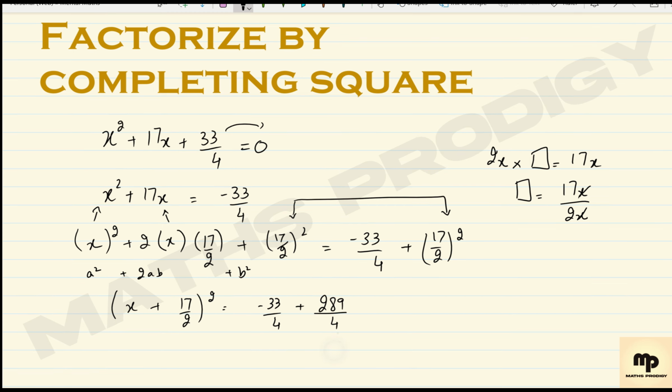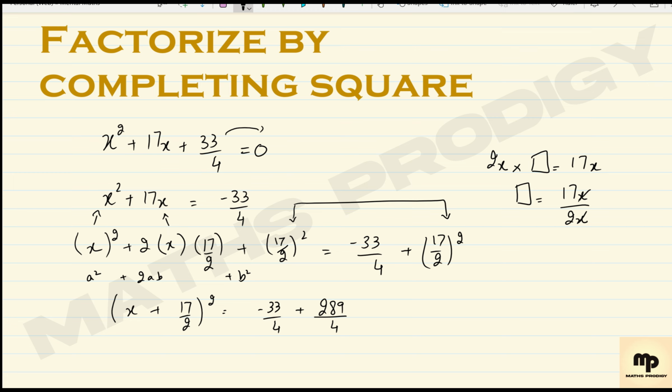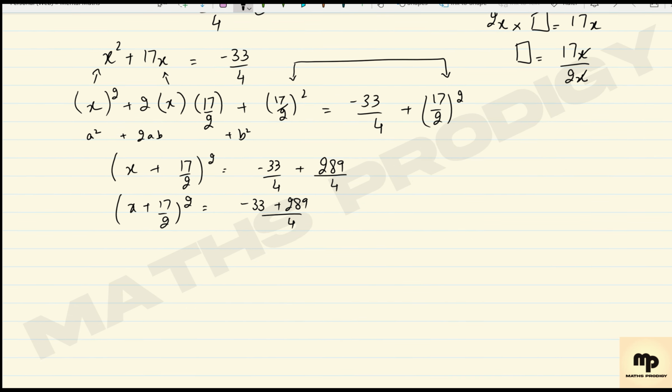If I keep on solving this question, it will become x plus 17 over 2 whole square equals minus 33 plus 289 over 4. If I continue this, it will be x plus 17 over 2 whole square equals, 9 minus 3 is 6, 8 minus 3 is 5, and 256 over 4.